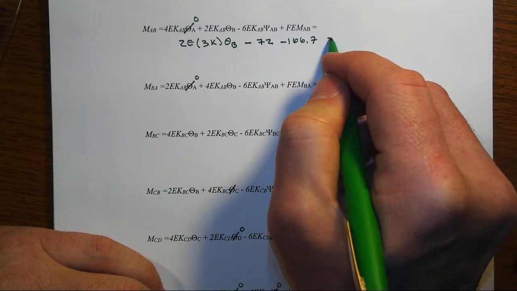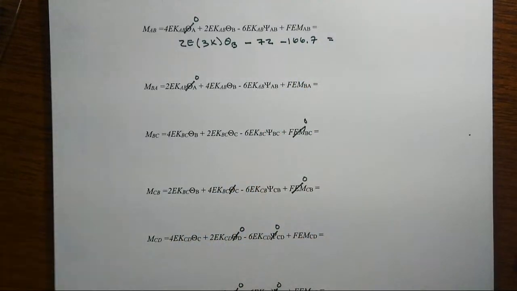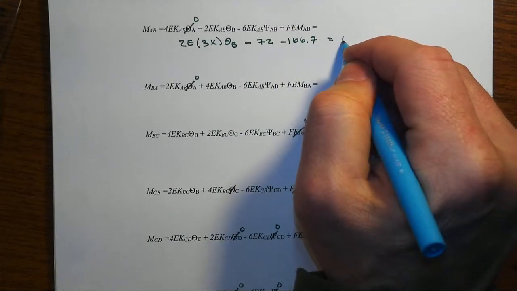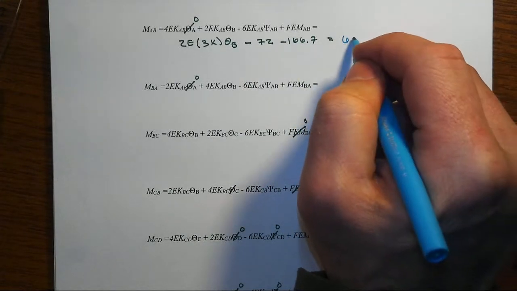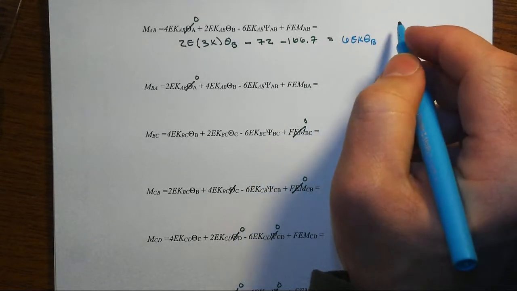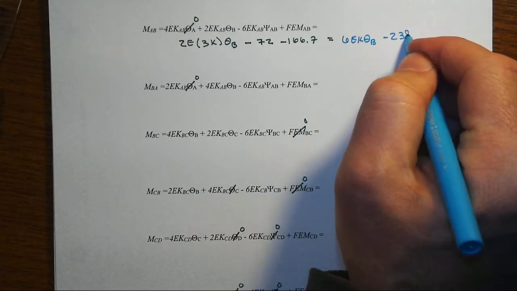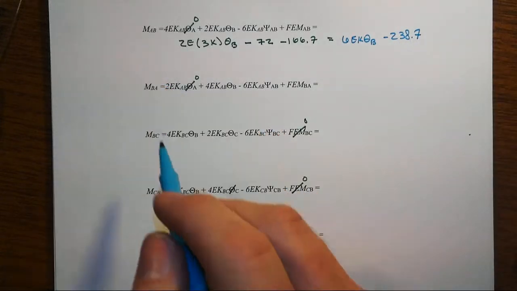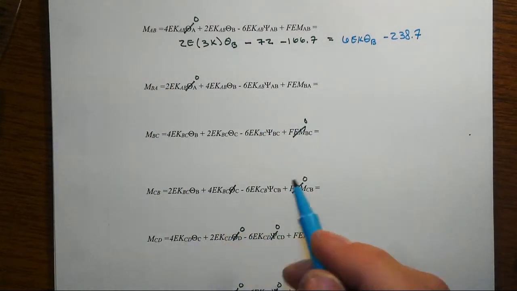Simplifying that down, we end up with 6EK theta B, and then minus 238.7. That's the equation for the moment AB.